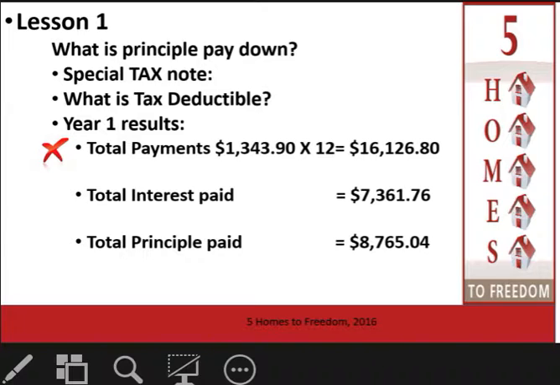Well, that's not the case. So for those who are doing your own personal income taxes, and you're adding in your income from your rental properties, don't get caught in this trap, because the reality is it's only the interest that you pay on that mortgage that is tax deductible. The principal pay down portion of that monthly payment is not tax deductible. So just be aware of that.